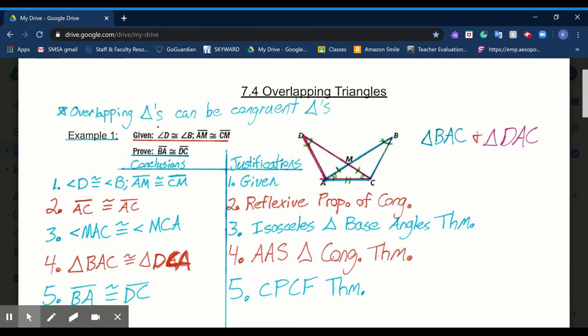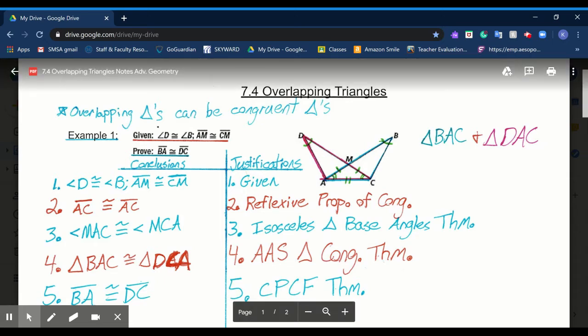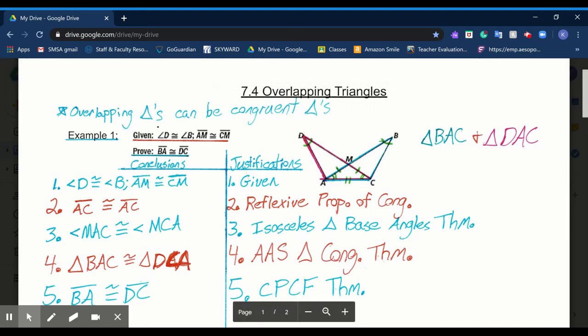Then I have an angle, and a side down here, AC, for the larger triangles. So I can use angle, angle, side to prove triangle BAC is congruent to triangle DCA. Now, because I named it BAC, the order of this one would have to be DCA to match up corresponding parts.